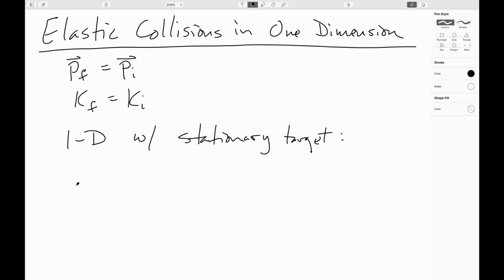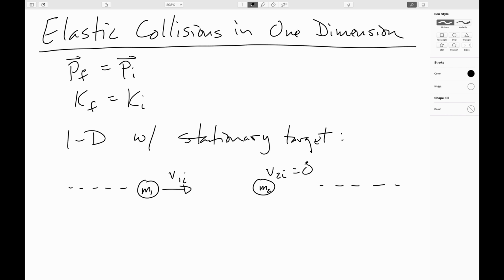So with all that in place, we're just going to say we're acting in one dimension, so everything's happening in a straight line. Let's say that our object that's moving is this mass M1 here, moving at V1 initial, and mass 2 is stationary.